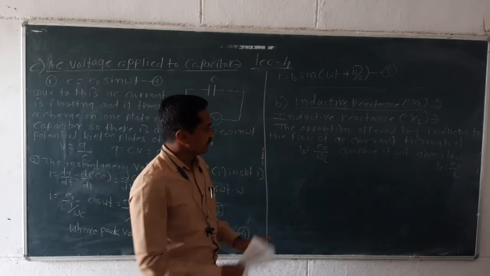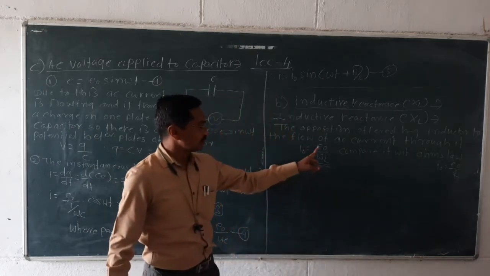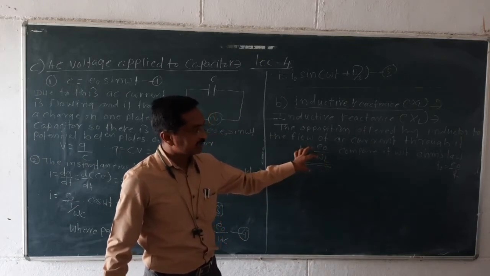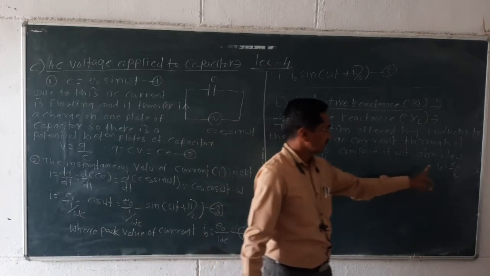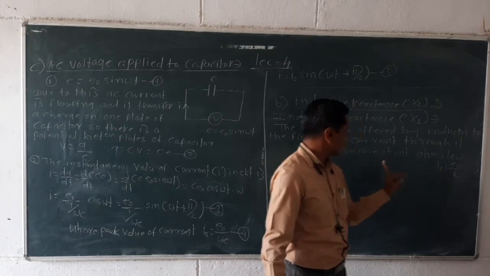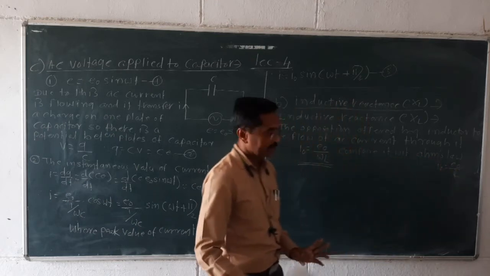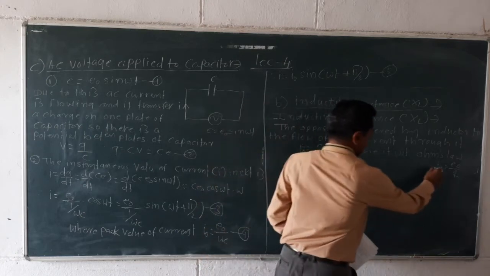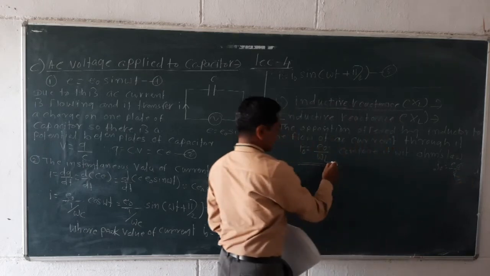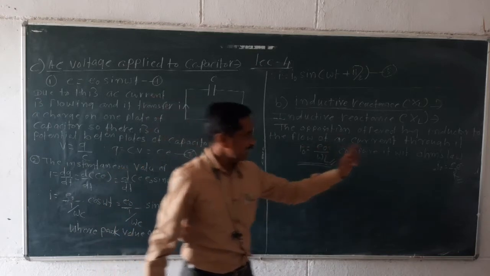Now see, at that time you got this equation, I0 is equal to E0 upon omega L. If you compare this equation with Ohm's law, in case of Ohm's law current is nothing but the voltage upon resistor, I0 is equal to E0 upon R. Here in case of inductor, R is omega L. What is R here?